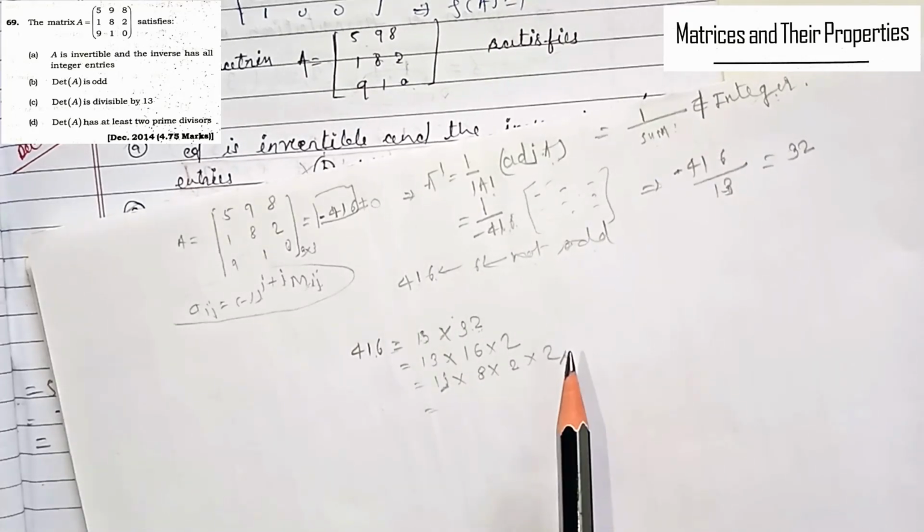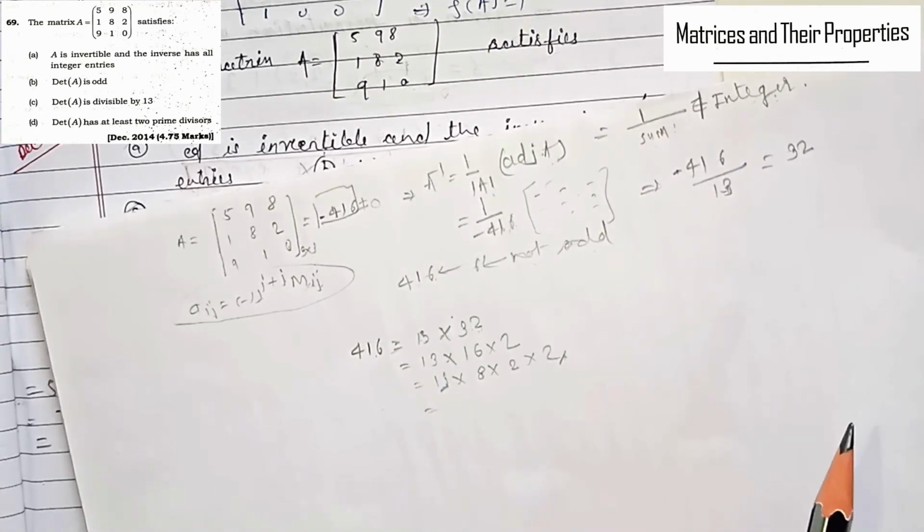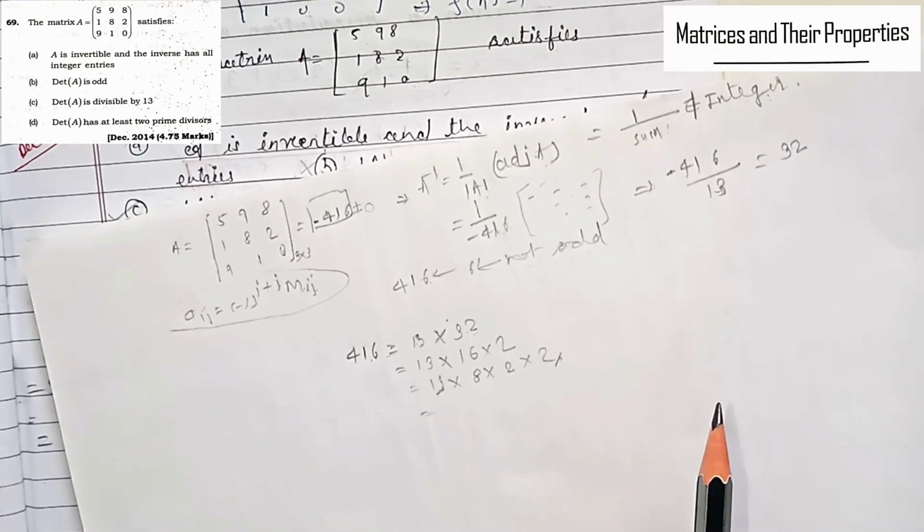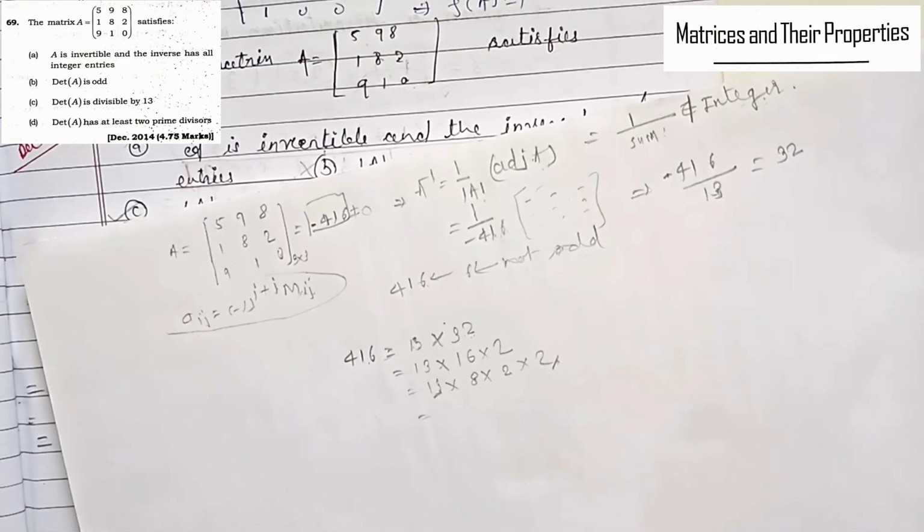So what is meant by a prime number? The number which is divisible only by 1 and itself, we call it a prime number, and the exact opposite of it is a composite number, which we can write as a multiplication of two numbers. So you need to be very careful about these definitions of prime number, composite number, odd number, even number.